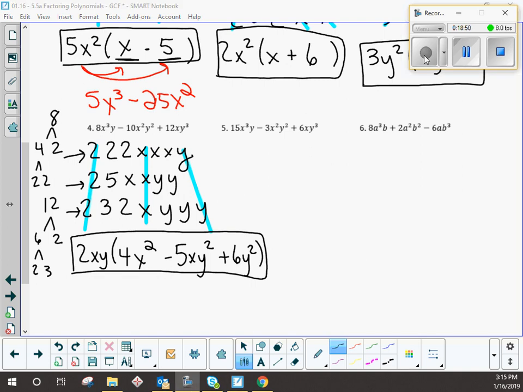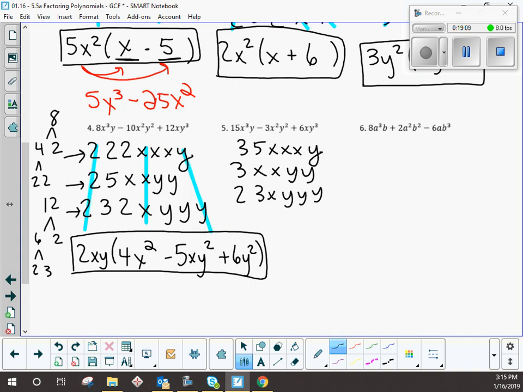You didn't get what I'm getting. I'll do one long and one short, okay? So 15x cubed is 3, 5, 3 x's, 1 y. Then I've got 3, 2 x's, 2 y's. And then a 2 times 3x and 3 y's. Here's what they have in common on that problem.